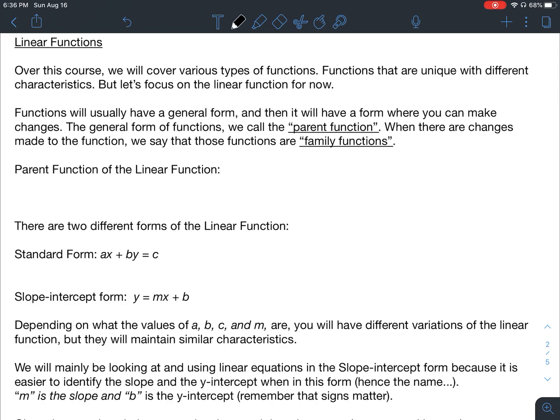So functions usually have a general form, and then it will have a form you can make changes to. The general form of functions we call the parent function. And when there are changes made to the function, we call those functions family functions. So the parent function of our linear function is f of x equals x. This is the parent function of a linear function.